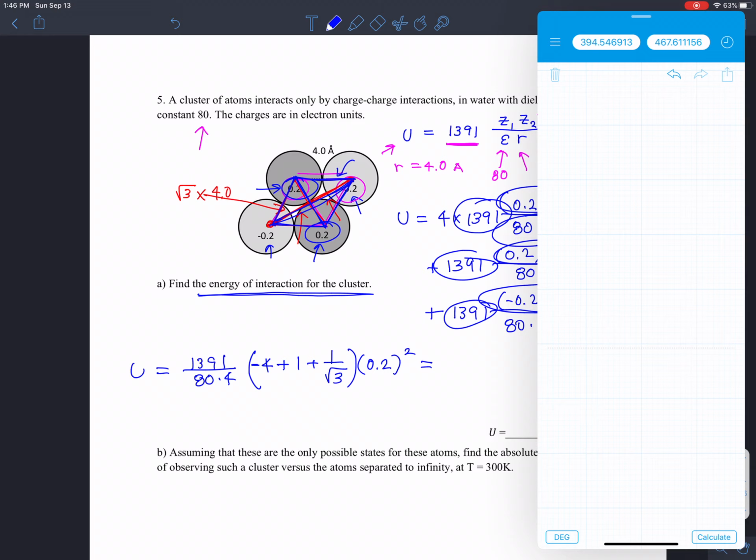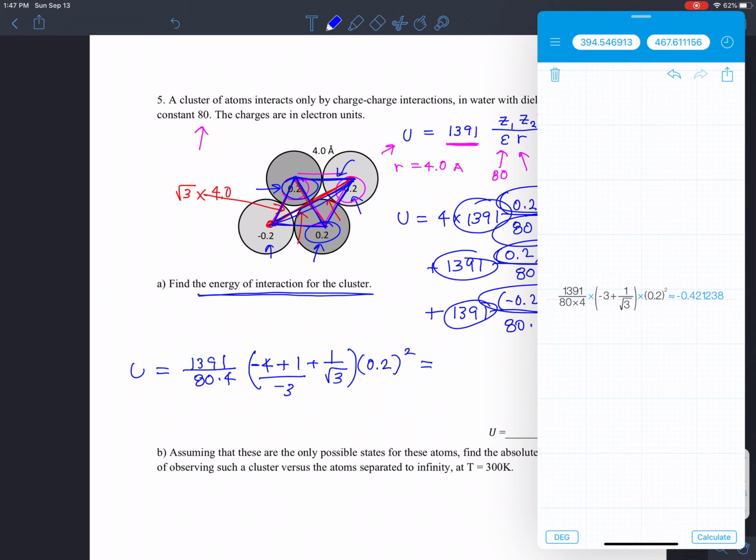Let's calculate that number now. That's 1391 over 80 times 4 times, this is minus 3, so minus 3 plus 1 over the square root of 3 times 0.2 squared. See if that, yeah, that worked out.